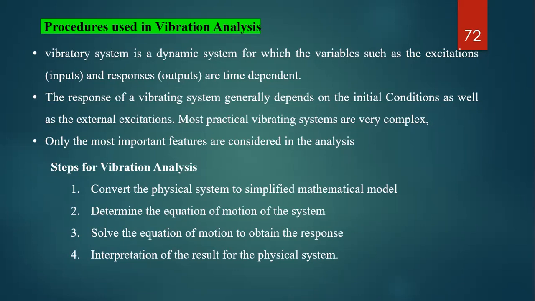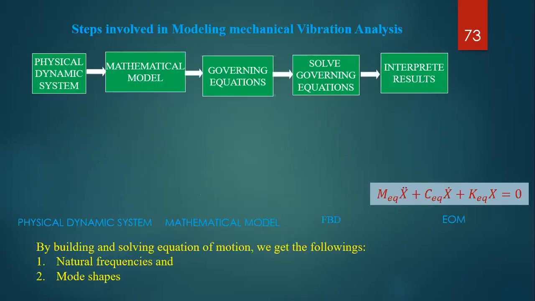We may have an intricate physical system which consists of a number of subsystems, and we must model it to the simplest form in order to analyze it easily and determine the equation of motion of that system, then solve the equation of motion to obtain the response of the system, and then interpret the results for the physical system.